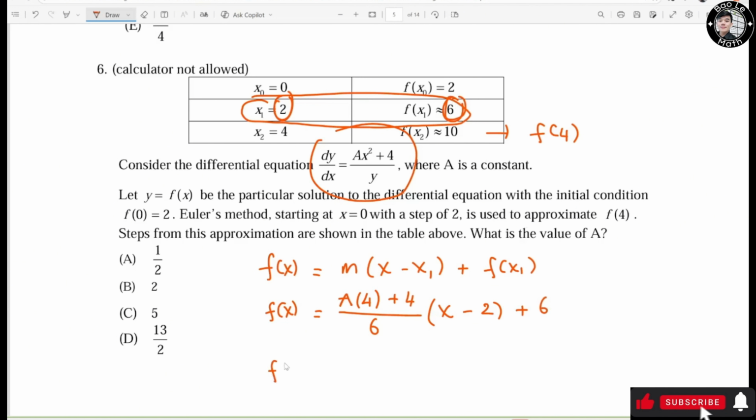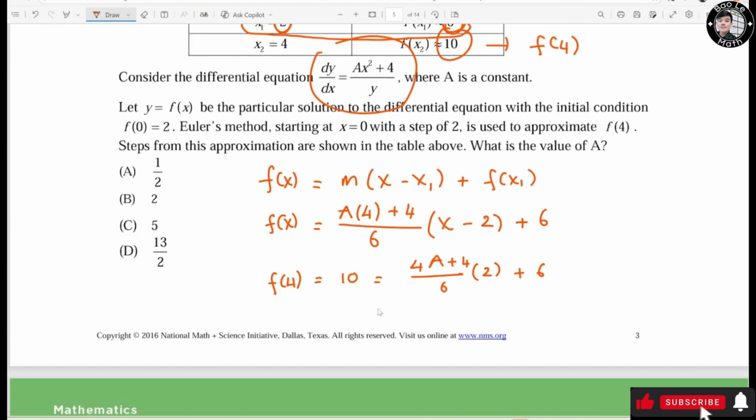Now f of 4 is actually 10 right here, right? And it's going to be, substitute for s over here, we have 4a plus 4 divided by 6 times 2, right? Plus 6, right? So it's going to be 4a plus 4 divided by 3 plus 6 equals 10, right?